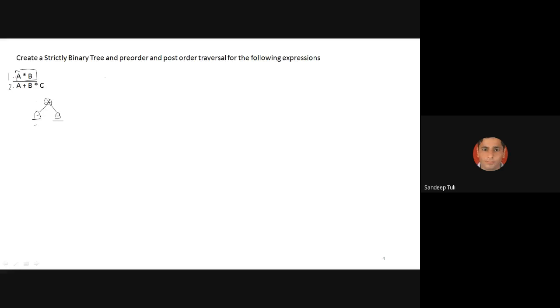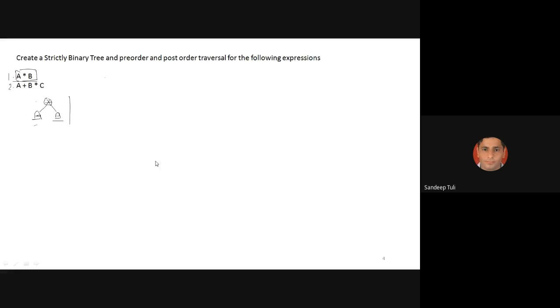In any tree, operators will be internal nodes, and operands will be external nodes, that is, leaf nodes. So A star B will have a tree that looks like this: star will be at the root, and A and B will be the left and right children of the star. Is it okay now? Is this clear or not? Yes, sir. It is okay.